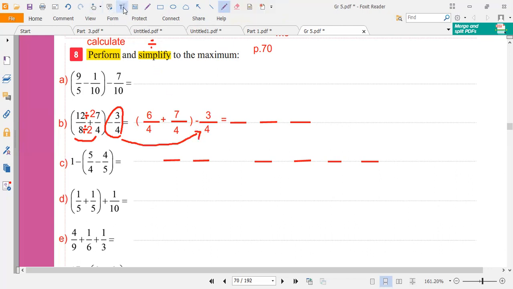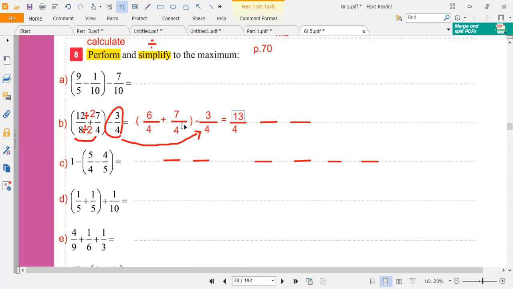Now, these numbers between parentheses have the same denominator, so we keep the denominator and we add the numerators. 6 plus 7, 13. We get the answer of the fractions between parentheses.